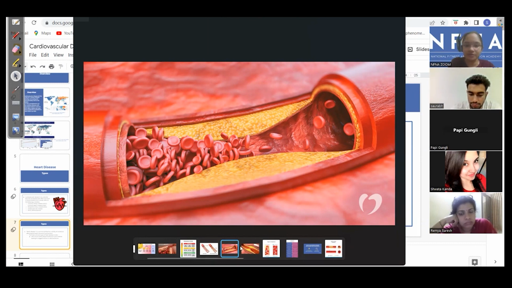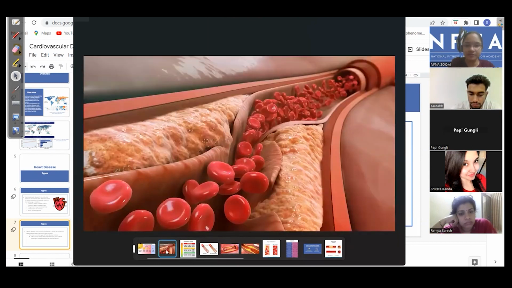If you want an even clearer image, this is how the fat looks. This is the layer of the muscle, the layer of the blood vessel. Imagine the blood vessel as a plastic pipe. That pipe has an outer layer, and the outer layer is divided into about three layers.